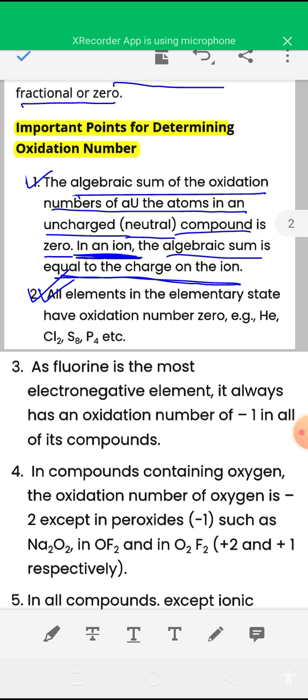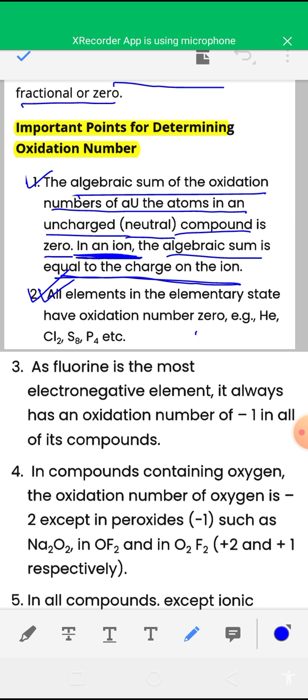All these oxidation numbers are 0. Okay, so all elements in elementary state or in stable state have oxidation number 0. So oxidation number of helium is 0, oxidation number of chlorine in Cl2 is 0, oxidation number of sulfur in S8 is 0.